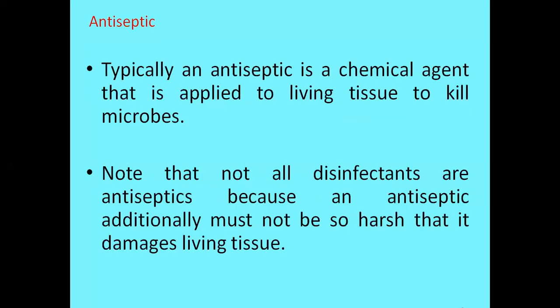What is an antiseptic? The other closely related term. An antiseptic is a chemical agent applied to living tissue to kill microbes. Here are the differences between disinfectants and antiseptics. Both are chemicals used to kill germs, but generally antiseptics are made in less concentrated form, whereas disinfectants are more concentrated.